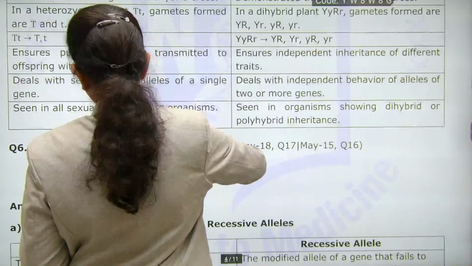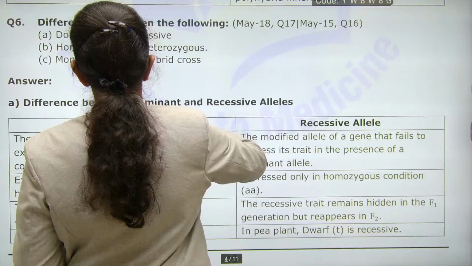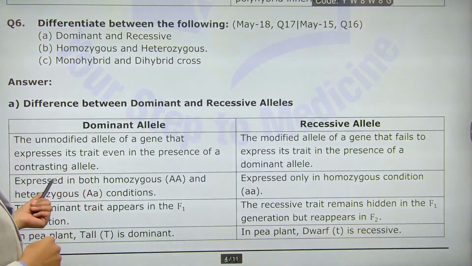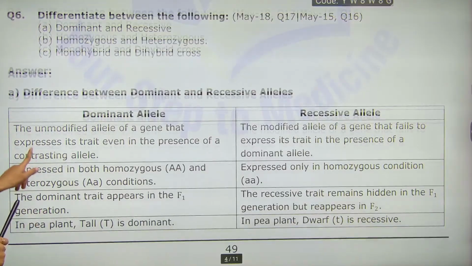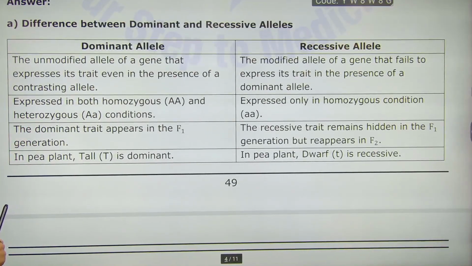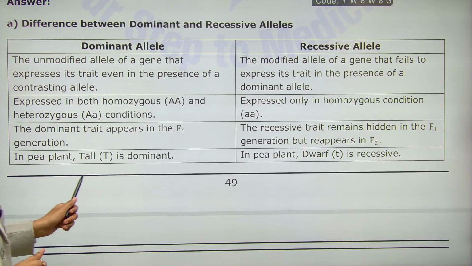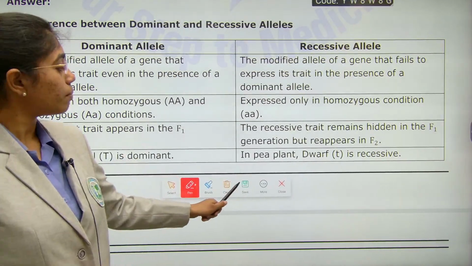So see, I think the question is about differentiation. Differentiate between the following: dominant and recessive traits, homozygous and heterozygous condition, monohybrid and dihybrid cross. Look at the differences. Difference between dominant and recessive alleles. The dominant allele is known as the unmodified allele.